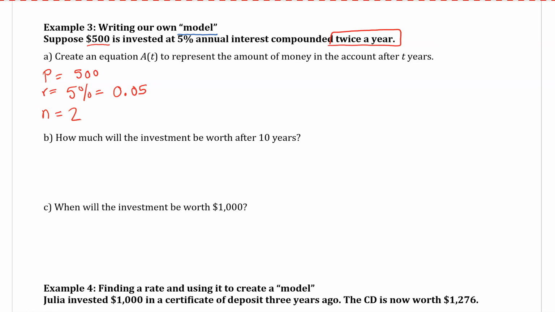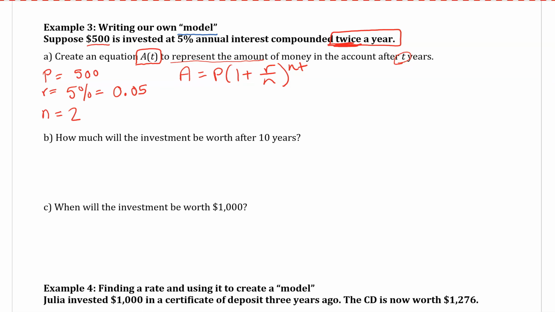And so what I'm going to use is this formula here, where I have the R over N to the NT, because I have twice a year, right? It's more than once a year, but it's not quite continuously, so I need this one with the N in it. But notice it wants us to create an equation A of T that would represent the amount after T years.